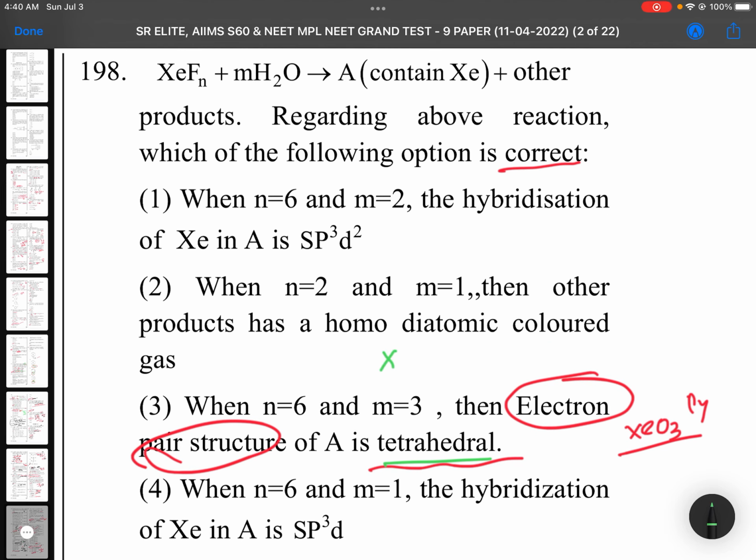Okay, here you see, when n is equal to 6, m is equal to 1, the hybridization of xenon A is sp3d is mentioned. This is, you see, XeF6 and 1 water, XeOF4. XeOF4 will be like this, Xe double bond O, FF, 1 lone pair. This is sp3d2. So it should be the incorrect statement. Okay. 189.